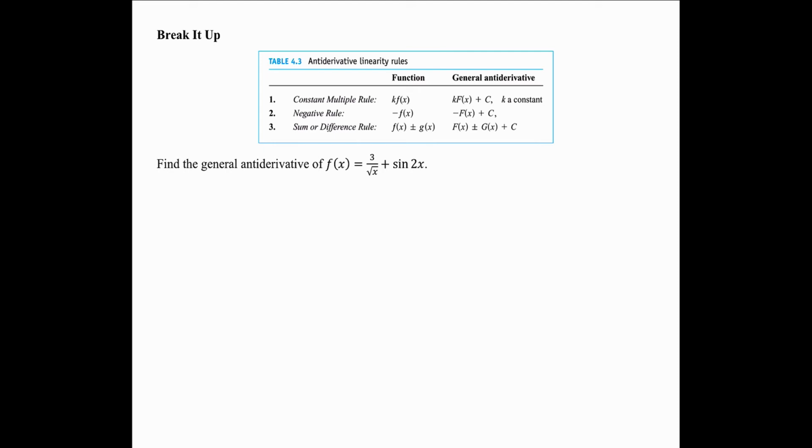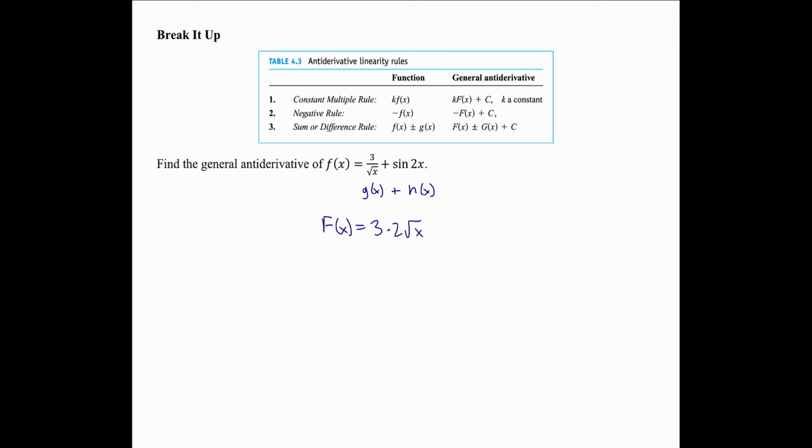This f of x is actually equal to the sum of, let's call this first one, lowercase g of x, plus lowercase h of x, because 2 sine x is the derivative. So when we take the antiderivative, we find that capital F of x is just equal to 3 times 2 square root of x.